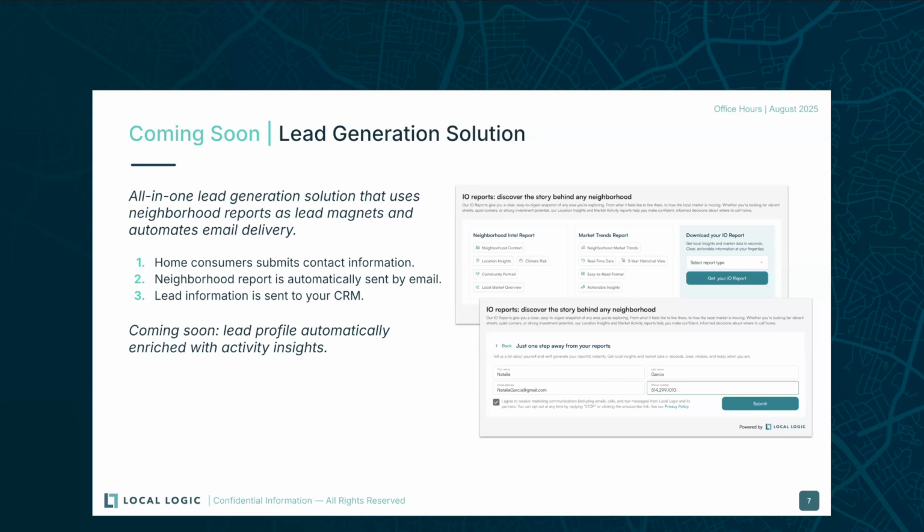So we'll be able to help enrich each individual lead with that unique home buyer's interest, and also help you understand what are the neighborhoods in your market that best exemplify or best excel at those interests. So that's going to be coming in the future as well. But we're really excited to start to bring our lead generation solution to market in the next few weeks. So keep an eye out for that.